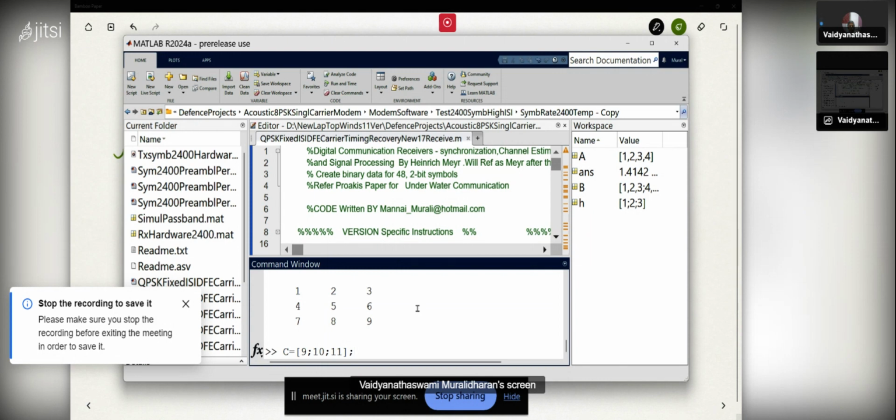Each row is separated by a semicolon. Let us display C. 9, 10, 11. So it has 3 rows and only one column. Whereas a matrix has both rows and columns, this one is a vector. It is a 3 by 1 vector.